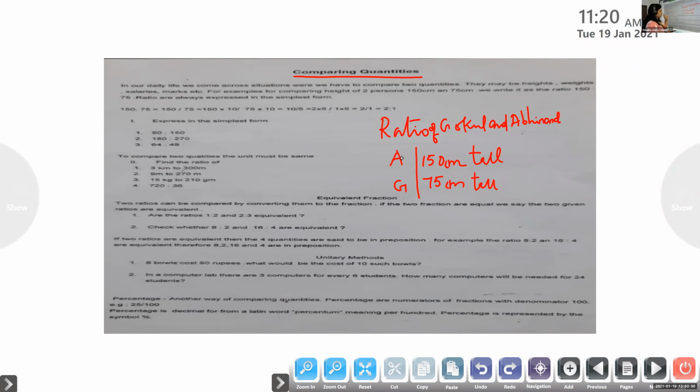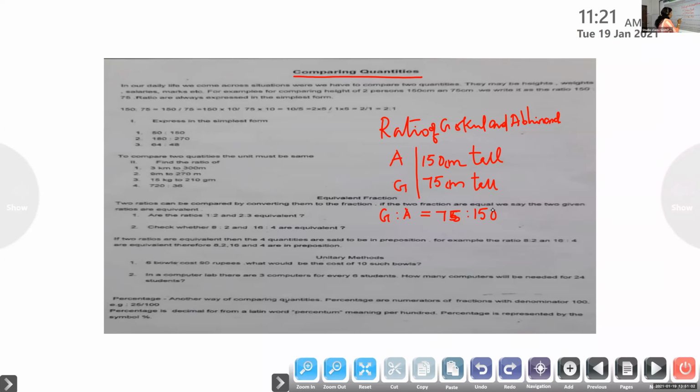So, what is the ratio of height of Gokul to Abhinanth? It is 75 is to 150. Understood? I will say the ratio of height of Gokul to Abhinanth is 75 is to 150.